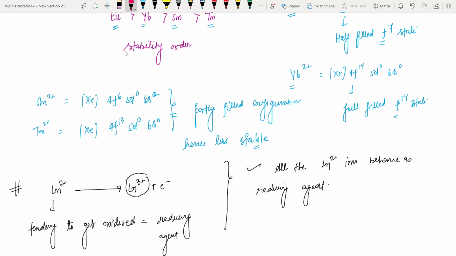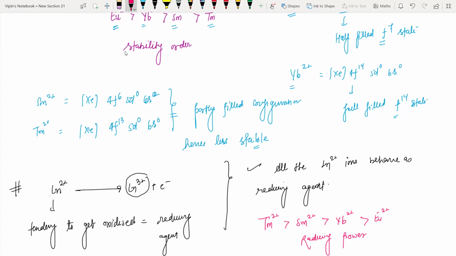So we can write here the reducing power: Tm2+, Sm2+, Yb2+, and Eu2+. This is the reducing power of the Ln2+ ion. This has the lowest reducing power.